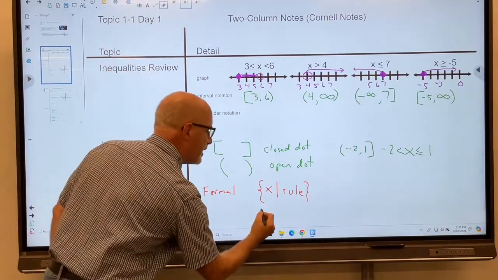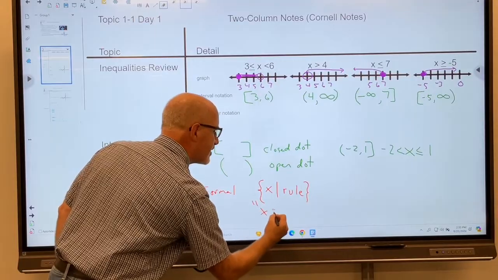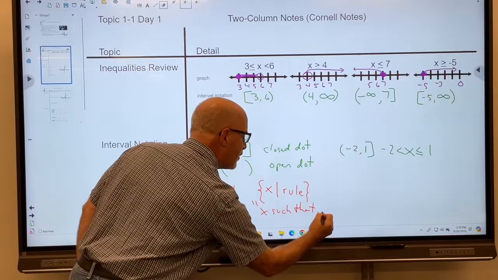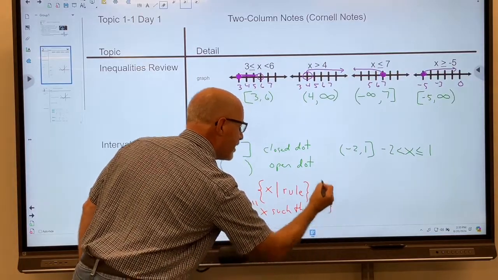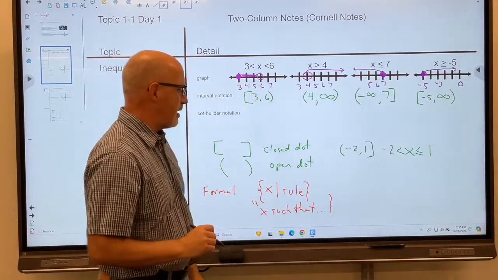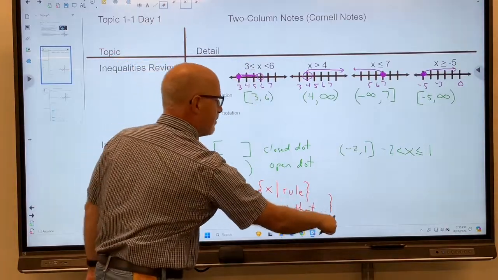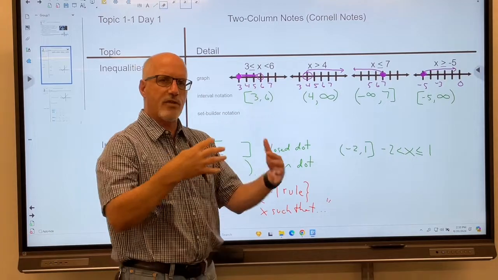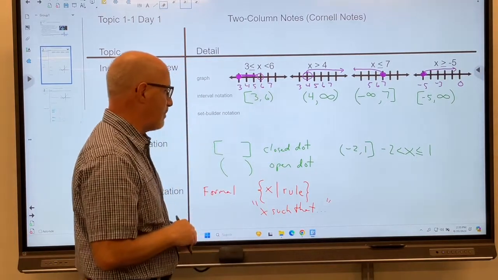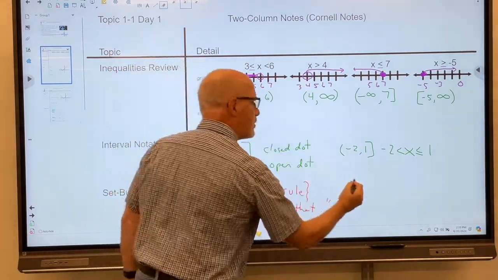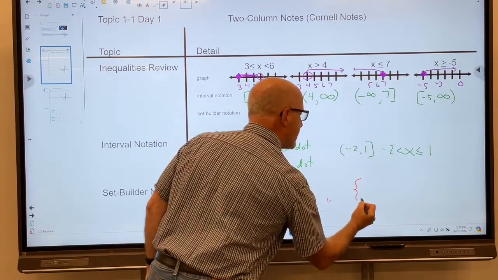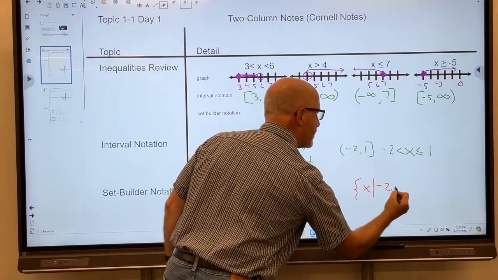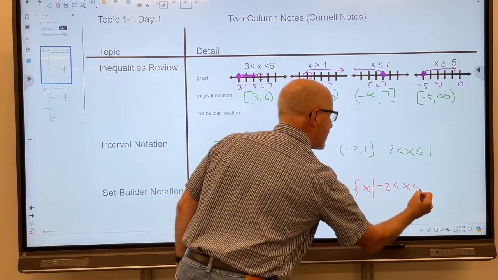This slash means "such that," and then you give the rule for it. I'll illustrate it when we do these, but the idea behind it is just to give a little formality to how we present the information. So this one here would be listed as a brace, x such that, and you just put the rule in: -2 less than x less than or equal to 1.